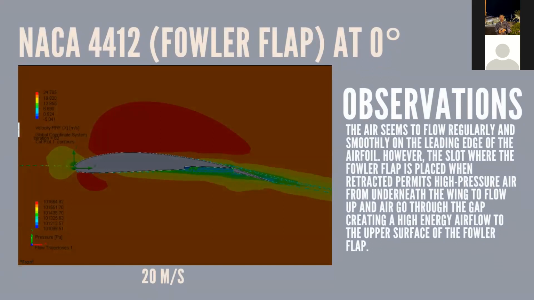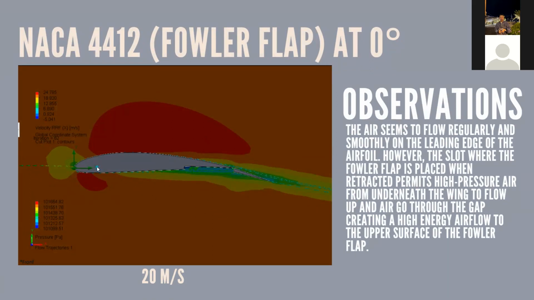So ang na-observe po namin, wait, let me explain muna po kung ano po yung ginamit naming representation to show velocity. So sa velocity po, ang ginamit naming ay contour. And for pressure naman po, yung flow trajectories na yung mga arrows, yun po yung nagre-represent ng pressure.